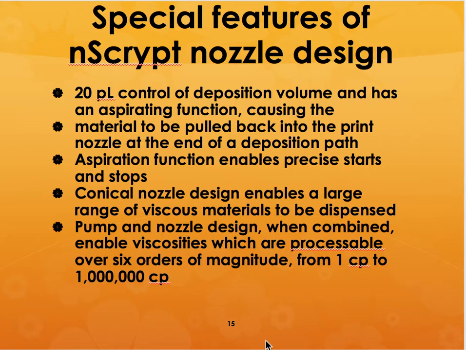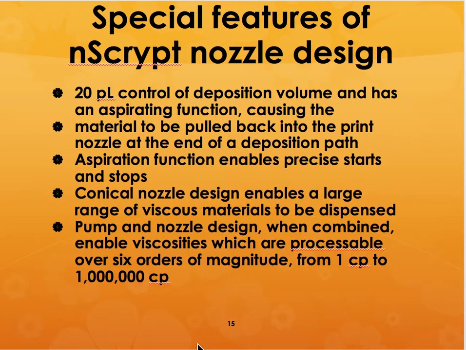So what is 1 centipoise? 1 centipoise is the viscosity of water. What is the viscosity of honey? Maybe like 1000 or 10,000 centipoise. So this is 100 times the viscosity of honey.